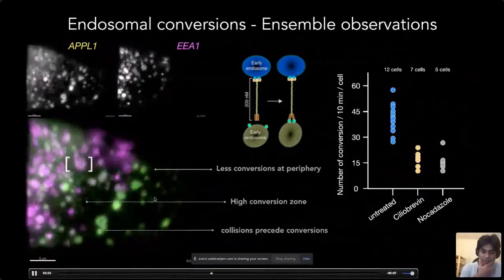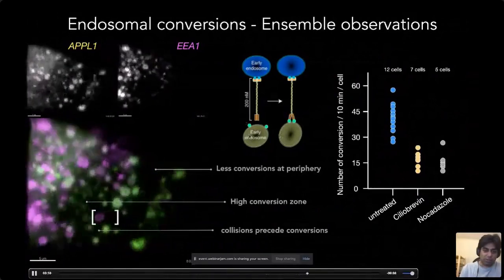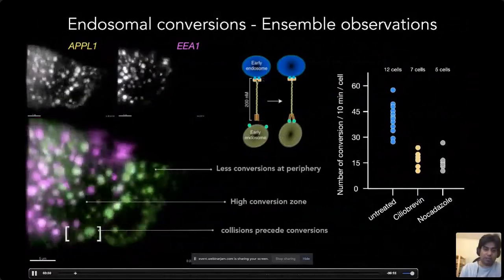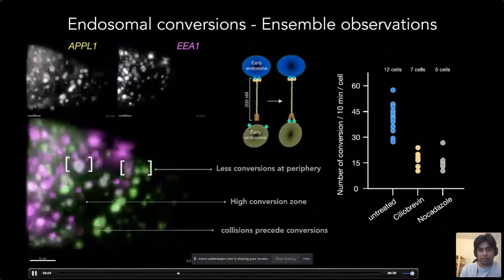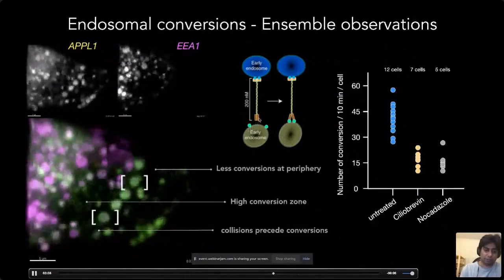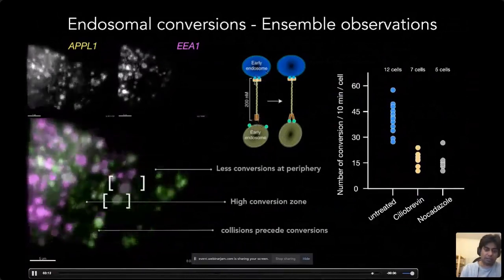And so then we started looking at what the structure of this protein is and why these collisions are important. EEA1, the protein in magenta here, is 200 nanometers long, so it's almost the size of the endosome itself. It has two domains, the N-terminal domain and the C-terminal domain.